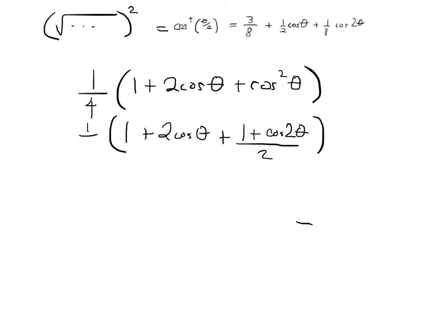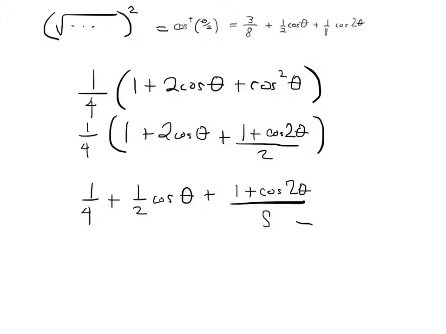Let's distribute the 1/4. Then we can split this up into 1/8 plus cosine 2 theta over 8, and then 1/4 plus 1/8 is 3/8.